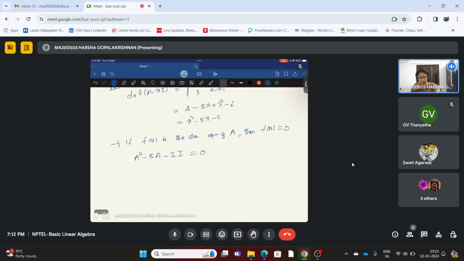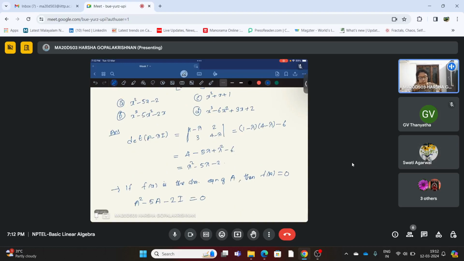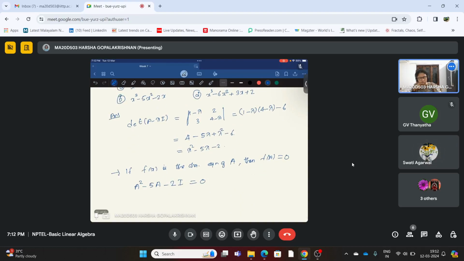Now let us see B. What is B? x cube minus 5x square minus 2x. So we need to check whether A cube minus 5A square minus 2A equals 0 or not. So what do you think?